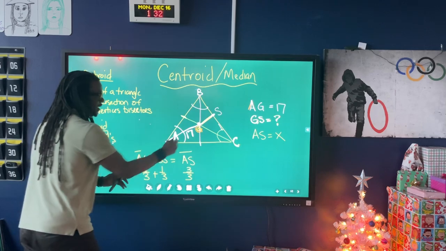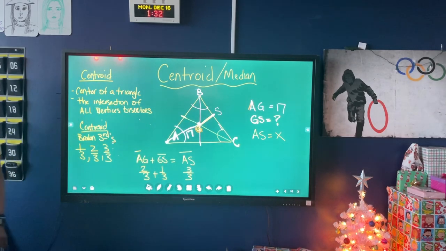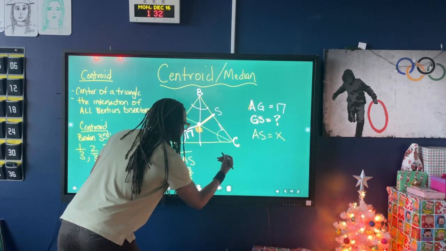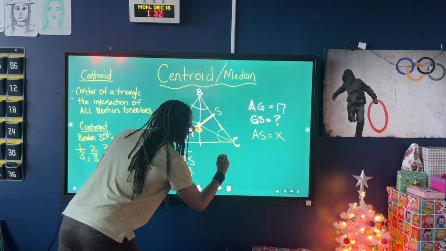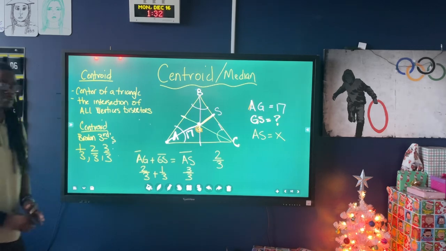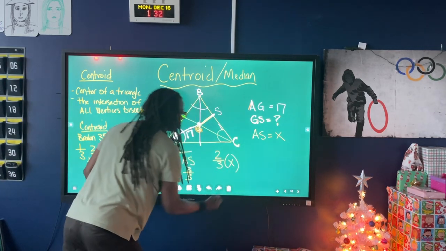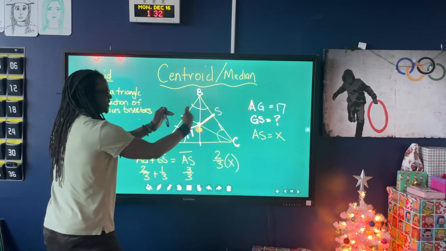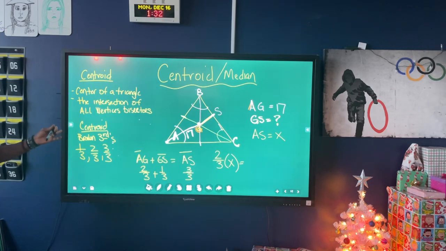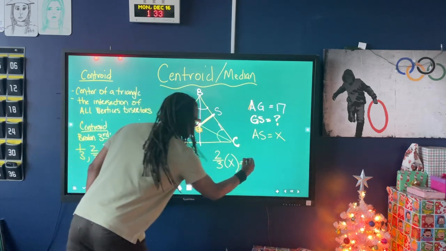If AG is 2/3 of that and it equals 17, the formula that I can come up with is AG, two-thirds of X. 2/3 of this entire line is AG, which is equal to 17.